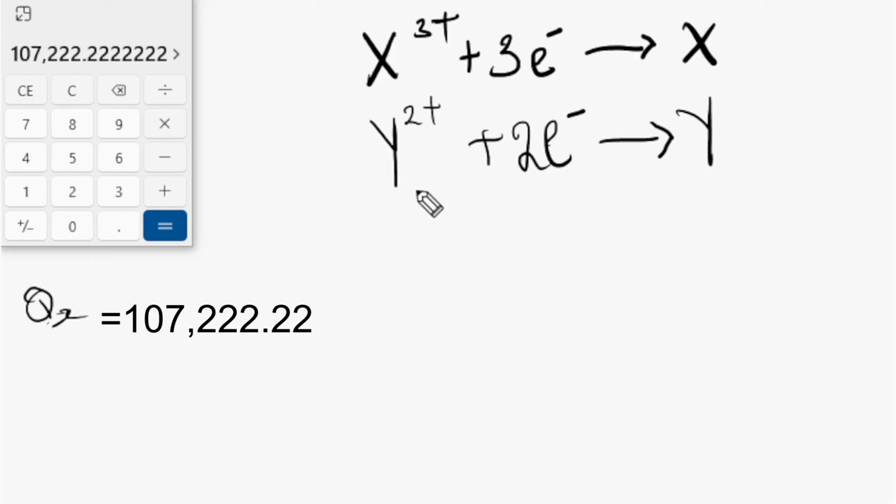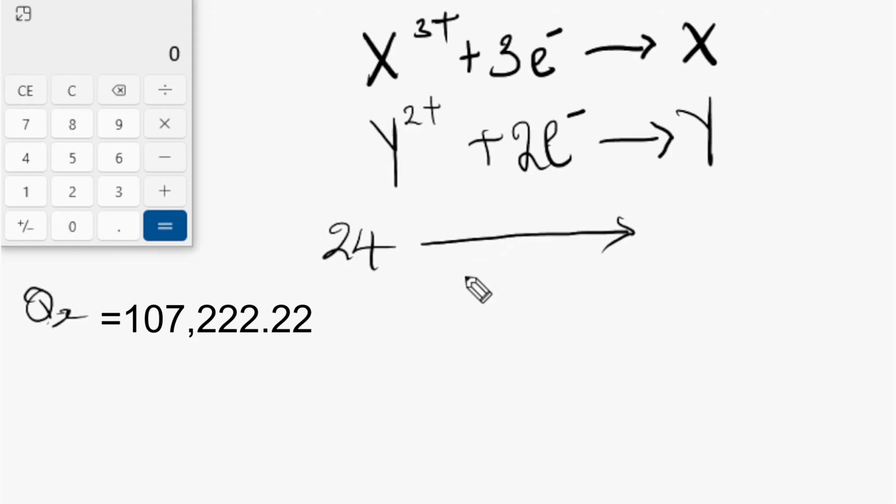So for Y, let's go for Y now. So we are going to say for Y, we are given the atomic mass of Y to be 24. So this means 1 mole of the Y, which is this atomic mass of 24 grams, will actually require 2 times the Faraday constant.